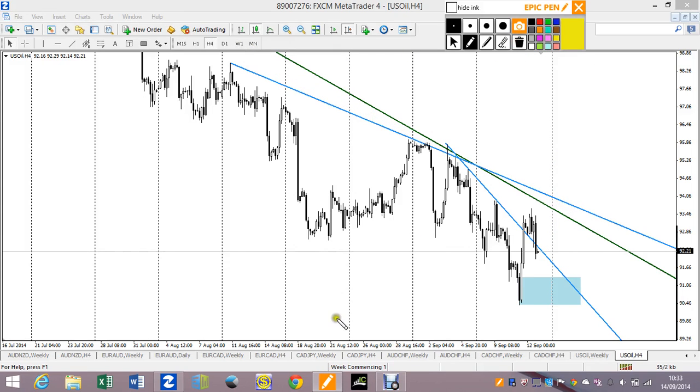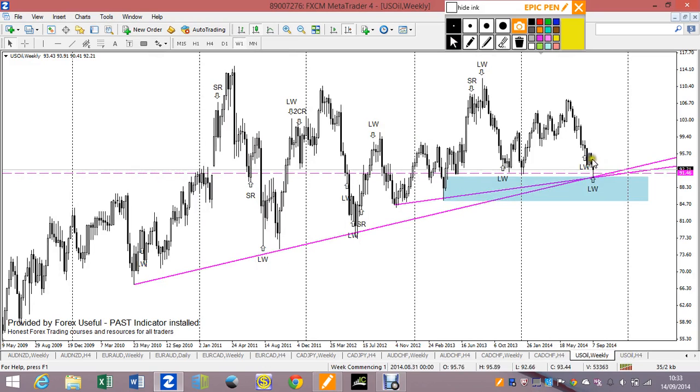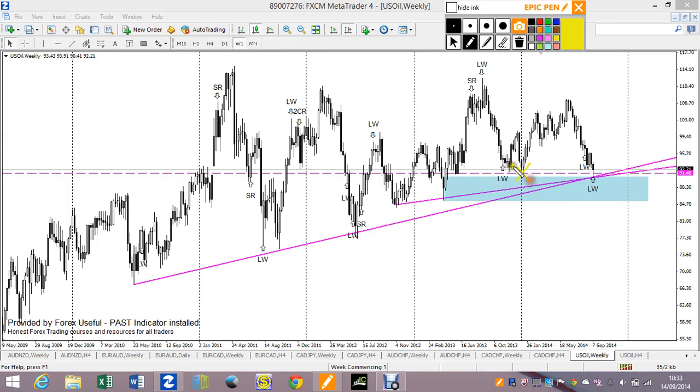for me the weekly chart of the US oil is my favourite setup. It's not the best pin bar, but just look at that level. Bang, bang, bang, bang, bang.